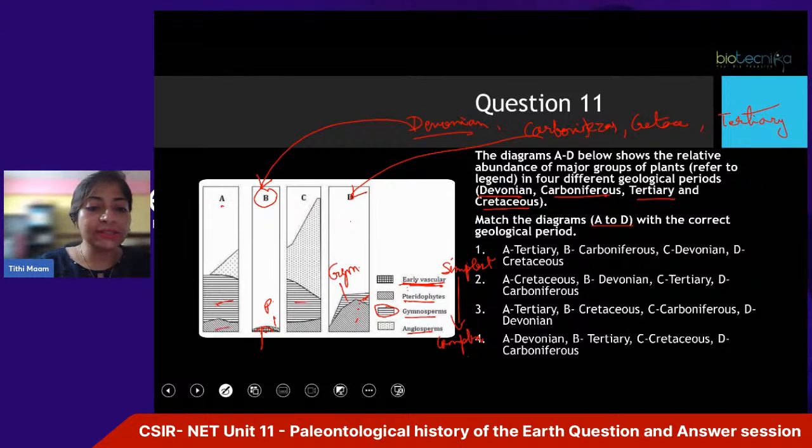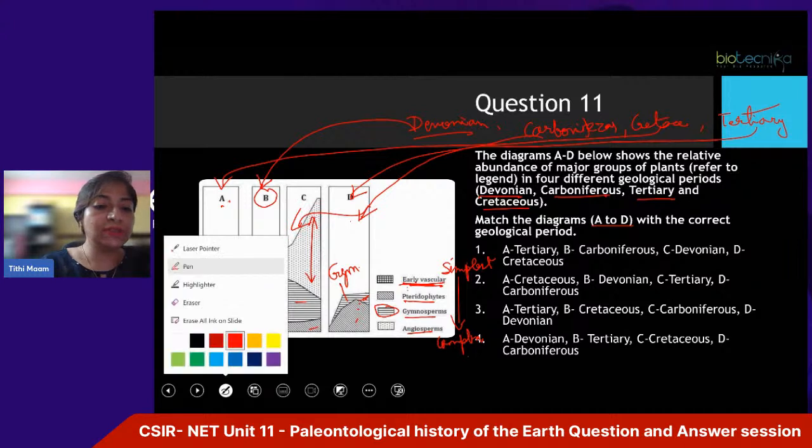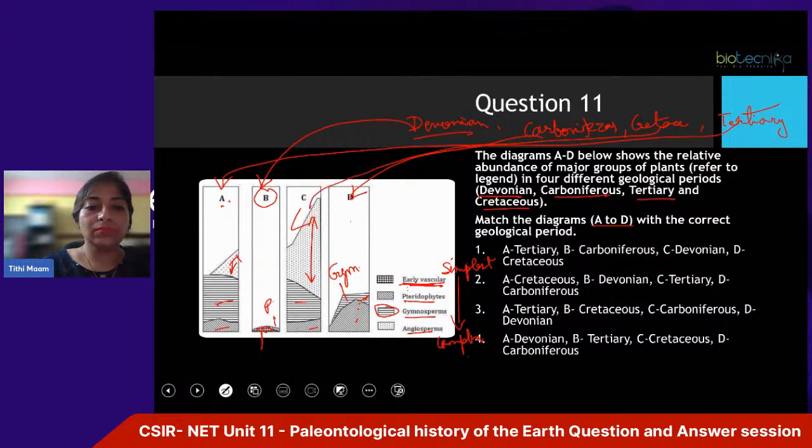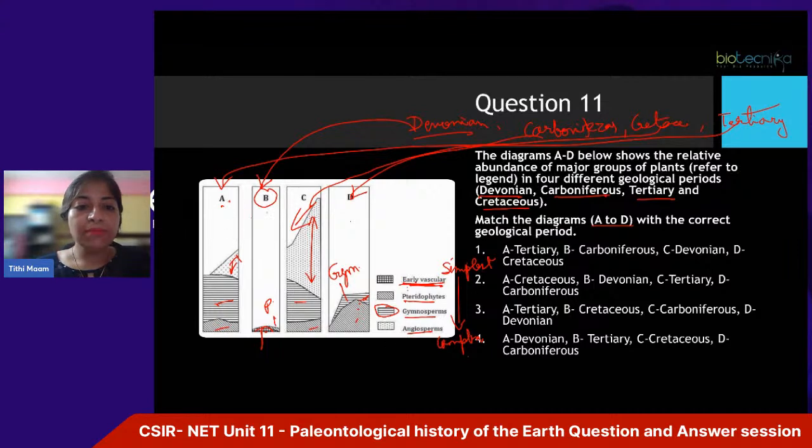These two are majorly the same. What is the difference? The difference is the proportion of angiosperms. Angiosperms are so high here, so highly diverse here, whereas in A it is just starting, right? That means A should come first in terms of period and then it will be C. That means Cretaceous will be A and Tertiary will be C. Okay, so A will be Cretaceous, B will be Devonian.